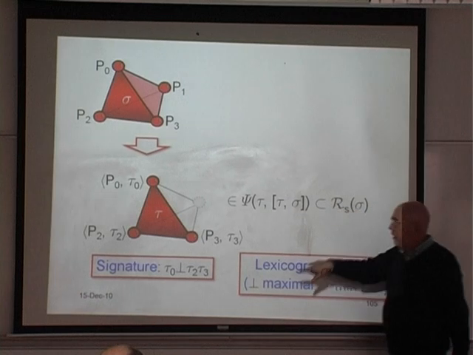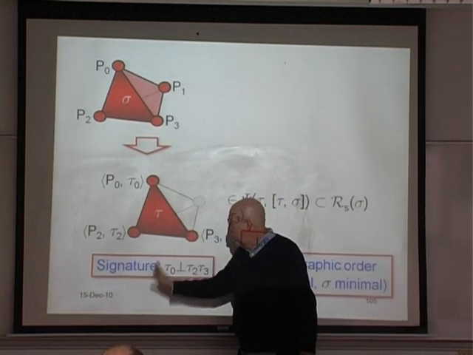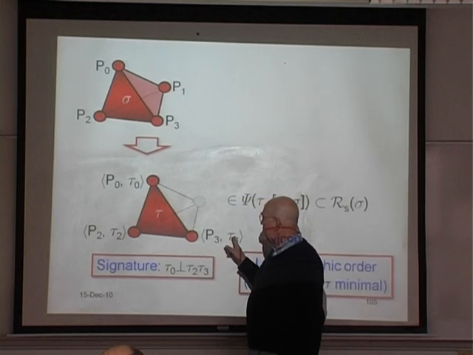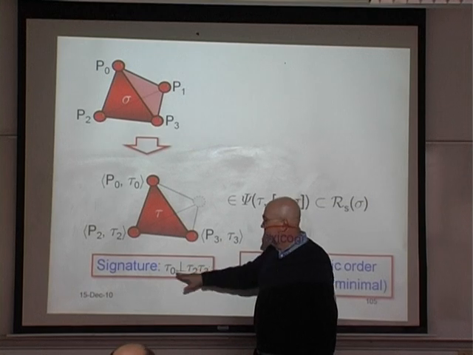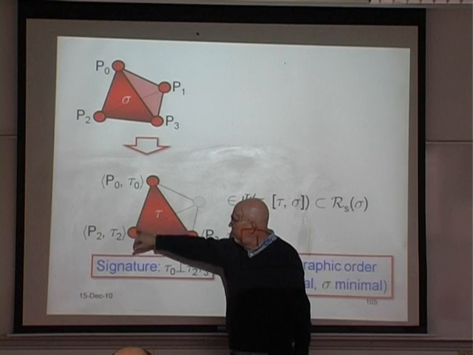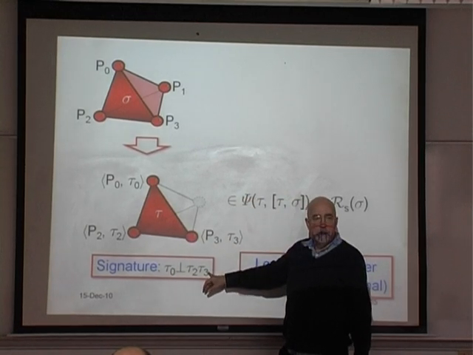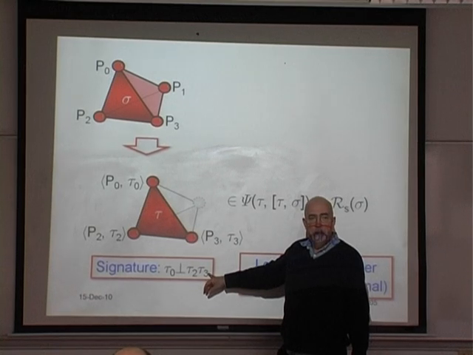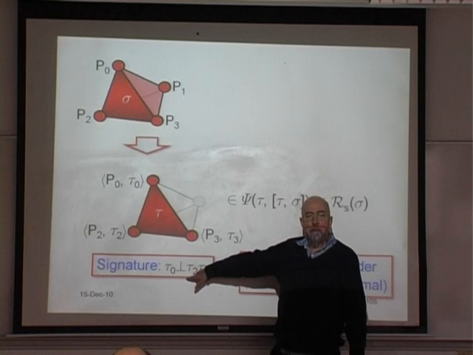And what I did was I defined a signature by going around the vertices in order and writing down the label that you find, or bottom if that's not there. So every face here has n+1 symbols. And I'm going to use this to define a total order.